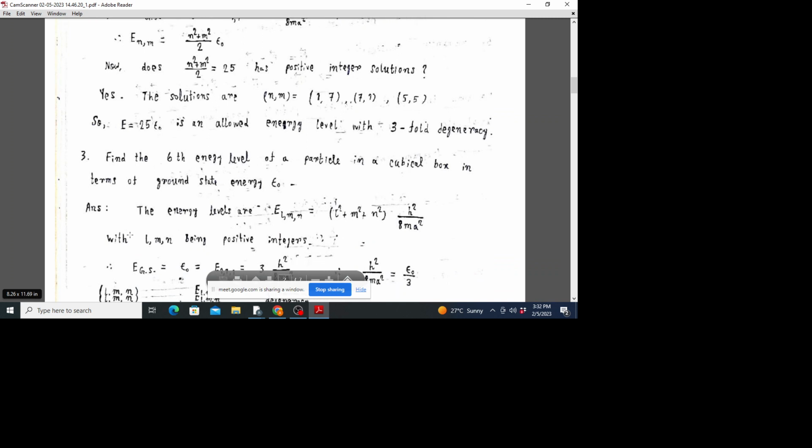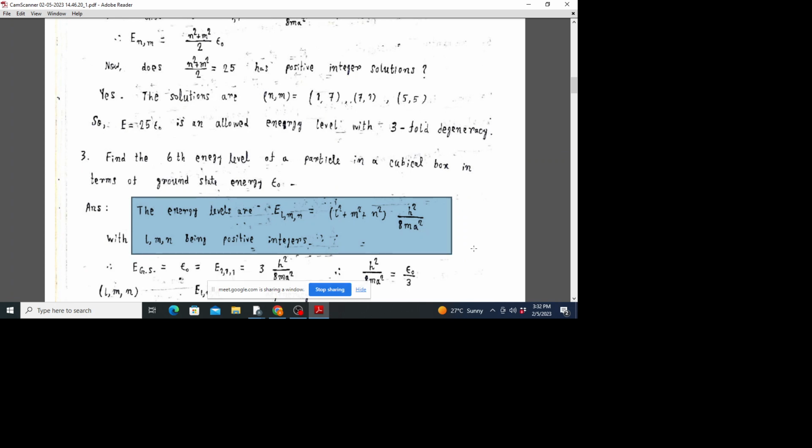Of course we generalize the 1D result for the energy levels and get this as the 3D result. In 3D we'll need three integers to characterize the energy levels, so we call them L, M and N. The energy levels are E_LMN equal to (L squared plus M squared plus N squared) multiplied by h squared by 8m a squared, where L, M, N are all positive integers.